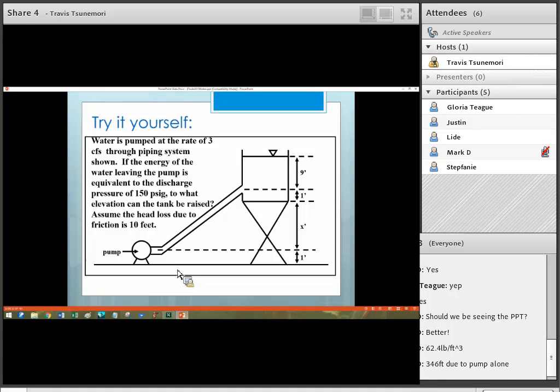Yes, 346 feet due to the pump alone, correct? And if you didn't get that, then you probably have a units problem. Make sure you write out your units. And then hopefully you set your second point at the top of the reservoir, or the top of the tank, where we can assume P is 0, and that velocity is approximately 0.